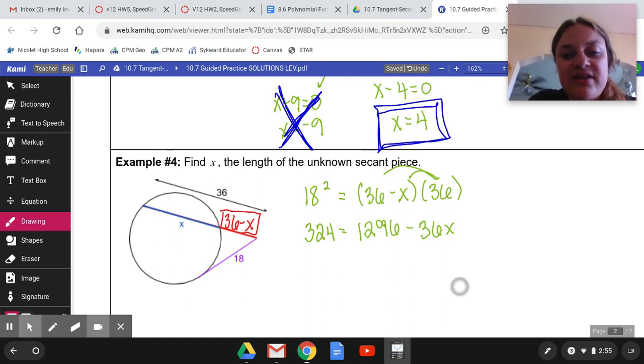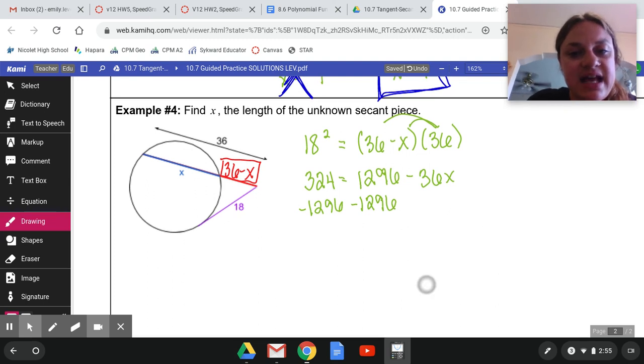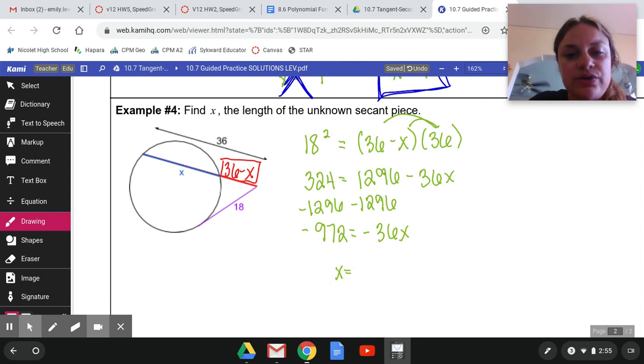I'm going to subtract the 1296 from both sides. So 324 minus 1296 is negative 972, which is equal to negative 36x. Make sure to hang on to that negative. And then you divide by negative 36, and x is equal to 27.